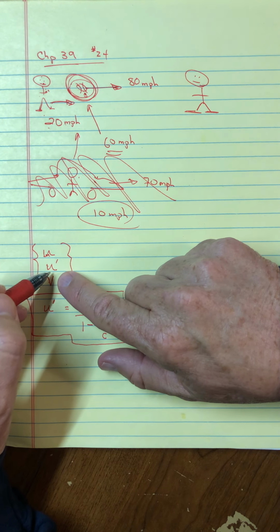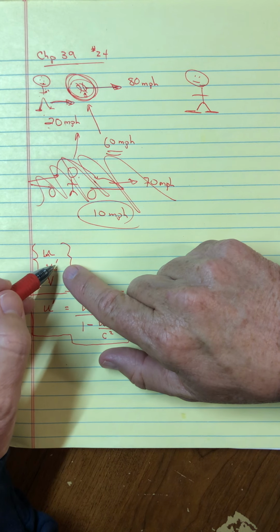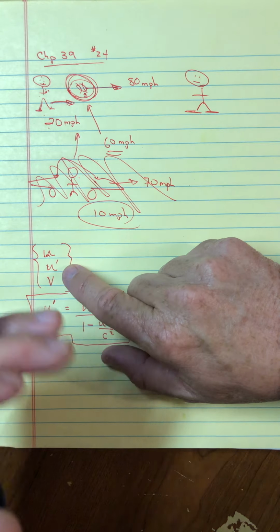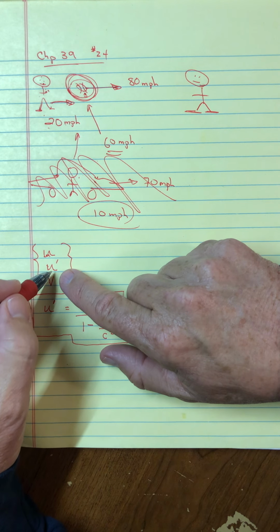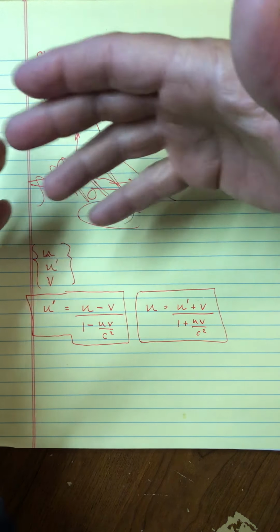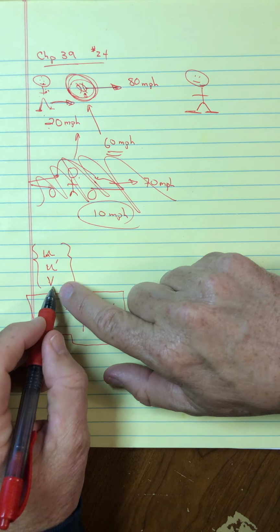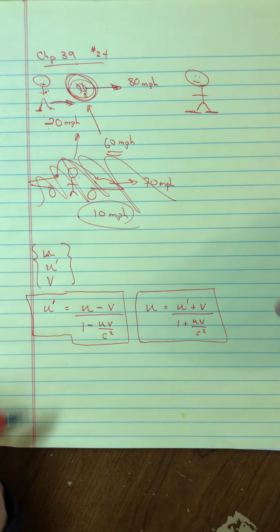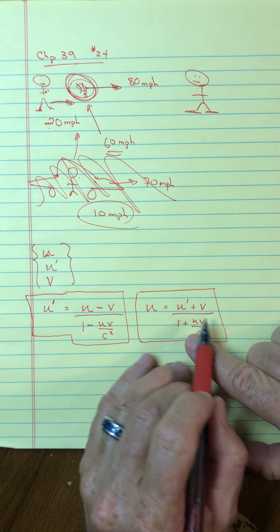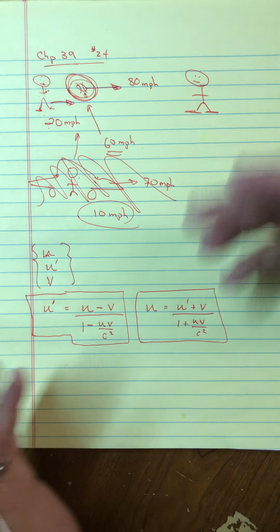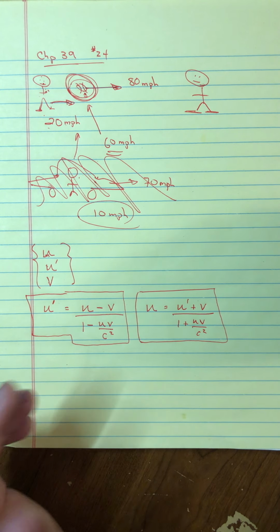The other u, that's why they have the same symbol, but it's with a prime, and don't think that means a derivative. They're just trying to say a different speed. This would be the speed as seen by the other observer, so let's say the pitcher. And then the v is the speed between those two, and so there's a mathematical formula connecting these. So you could use either one of these or both of these.